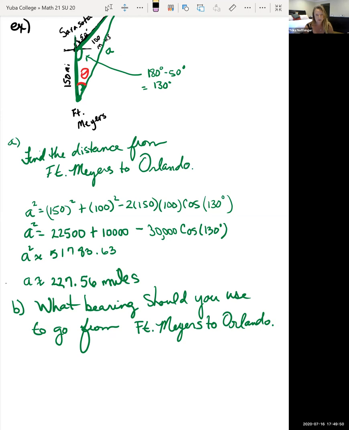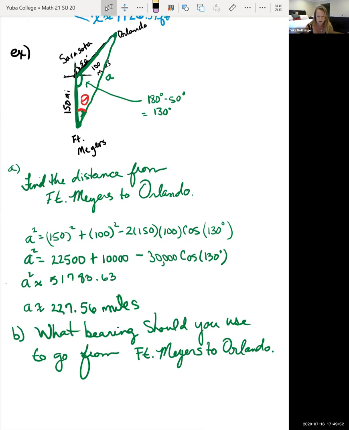Okay, well, we don't have a right triangle. We have the side opposite the angle that we want, and because we found this distance, we now know an angle and a side across from it. So if we have an angle and a side across, then you should use law of sines.